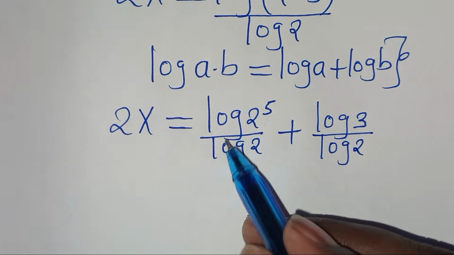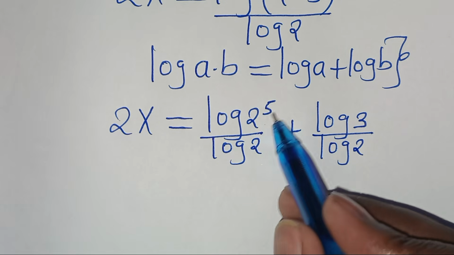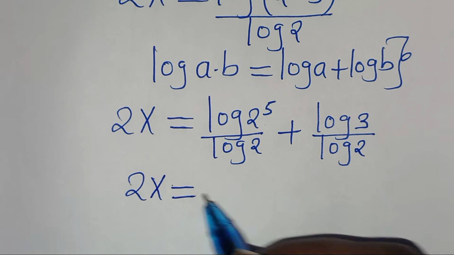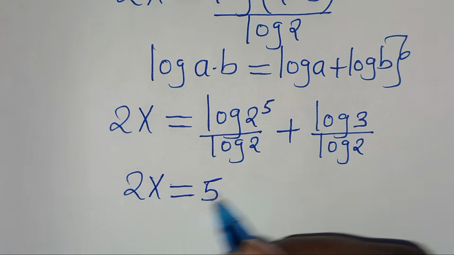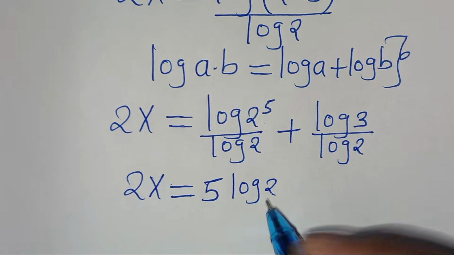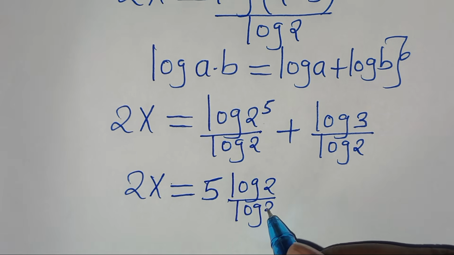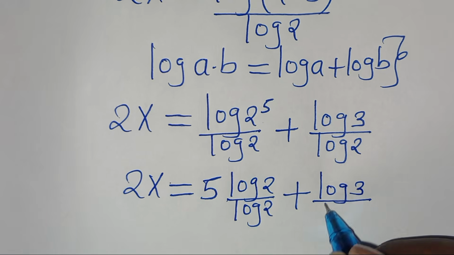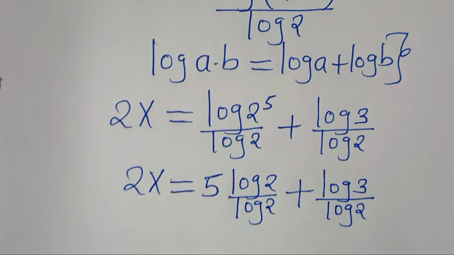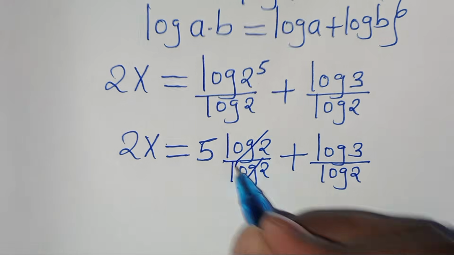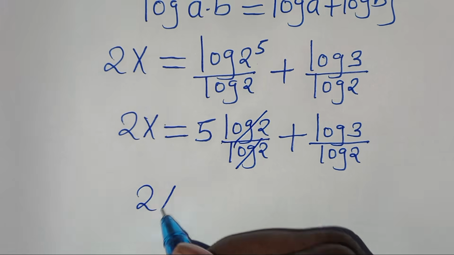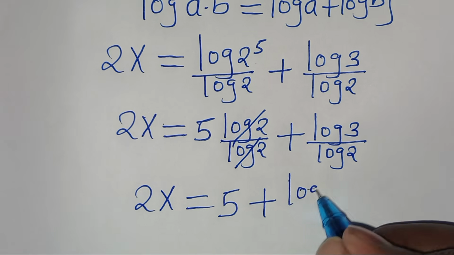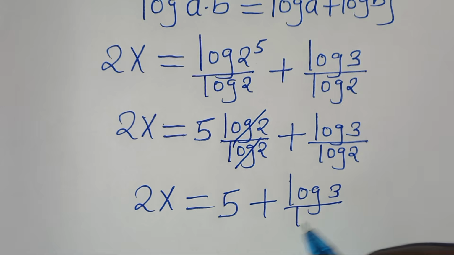The next step is that for log 2 to the power of 5, let's apply the power log property here, so that now we have 2x equal to 5 log 2 divided by log 2, plus log 3 divided by log 2. So let's simplify log 2 and log 2 here, and this means that 2x is equal to 5 plus log 3 divided by log 2.